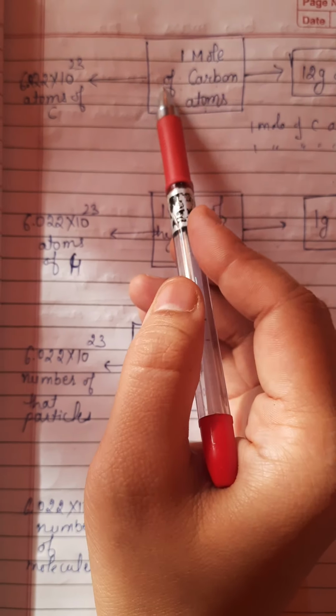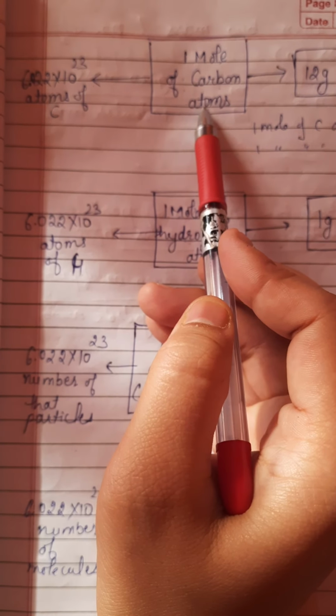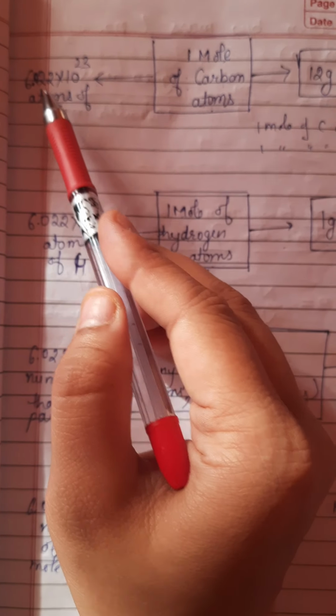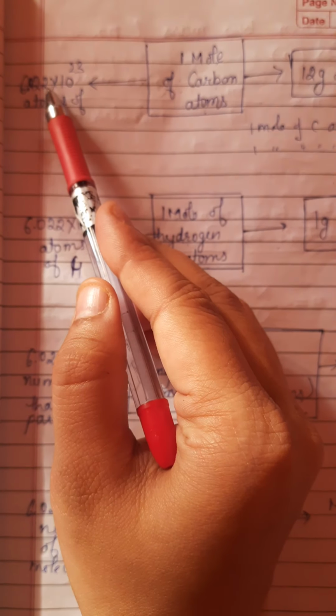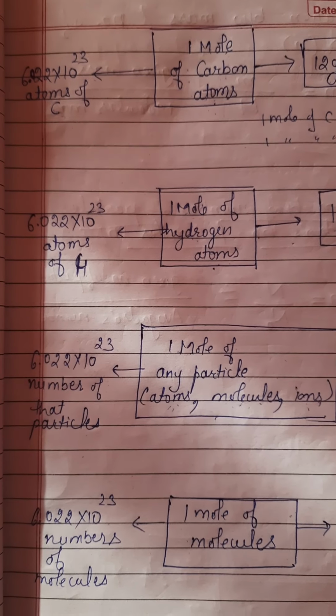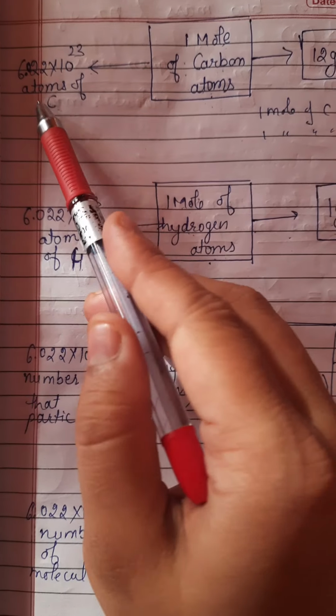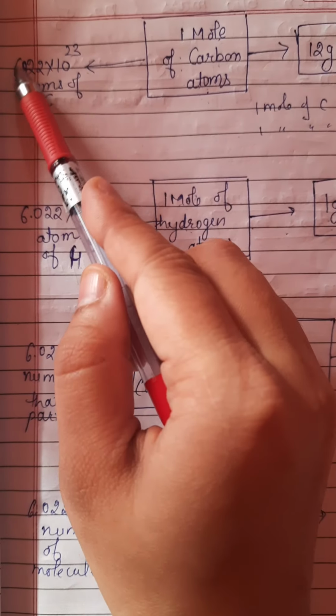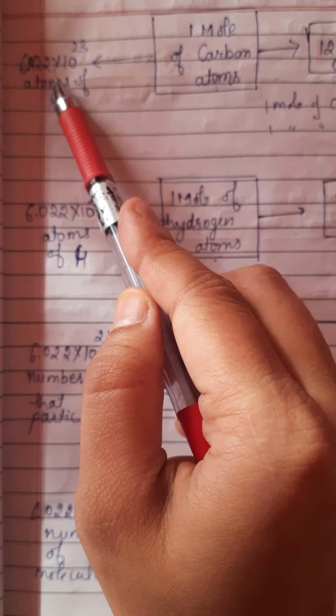It means in 1 mole of carbon atoms, 6.022 into 10 raised to power 23 atoms of carbon are there.